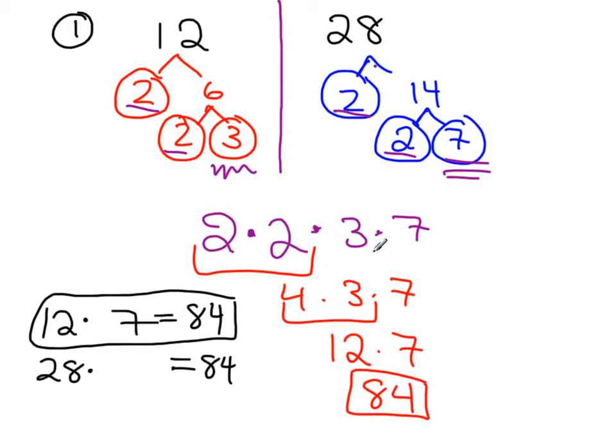It helps you out. 2 times 2 is 4, times 7 is 28, and the only missing piece is the 3, so I'm betting 3 times 28 is 84. You're probably thinking, I have no idea where you got that from. Well, test it. 28 times 3. 8 times 3 is 24, carry the 2. 3 times 2 is 6, plus the 2 is, hey, look at that, 84.